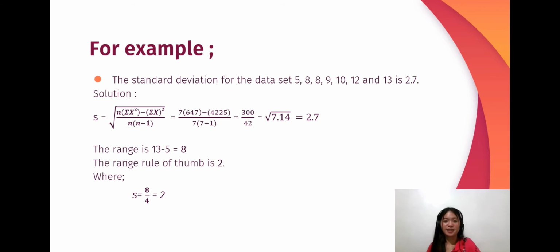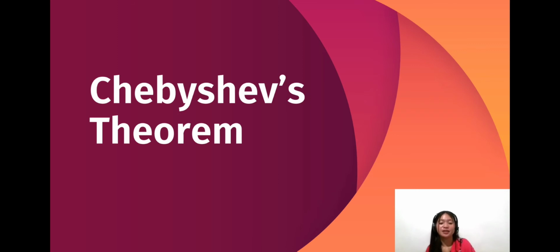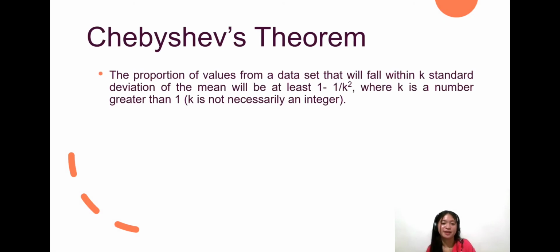The last topic is all about Chebyshev's theorem. So, what is this? It is the proportion of values from a data set that will fall within K standard deviations of the mean, which will be at least 1 minus 1 over K squared, where K is a number greater than 1.